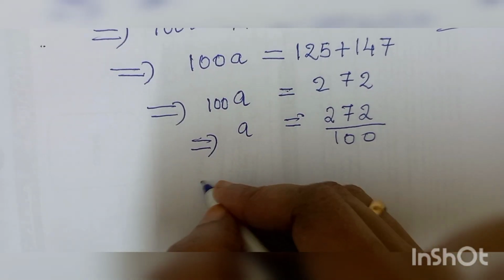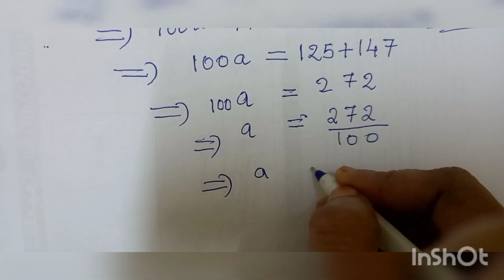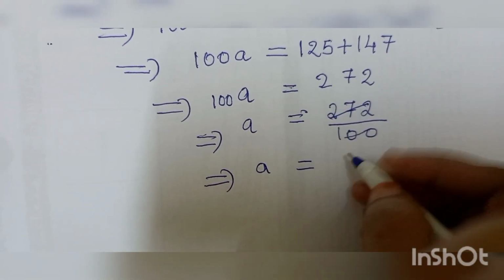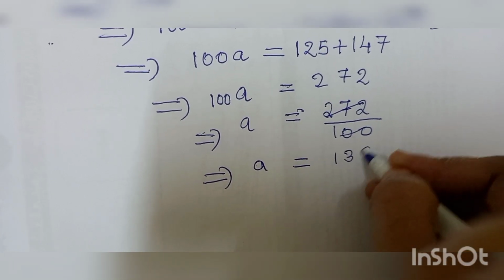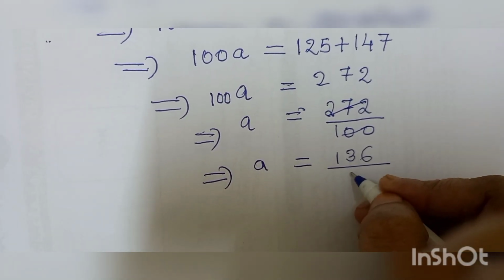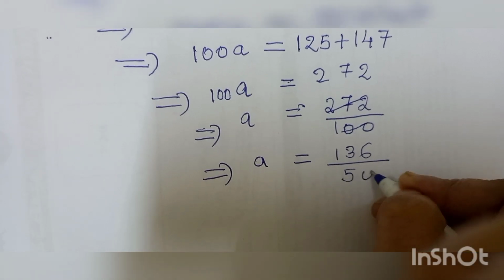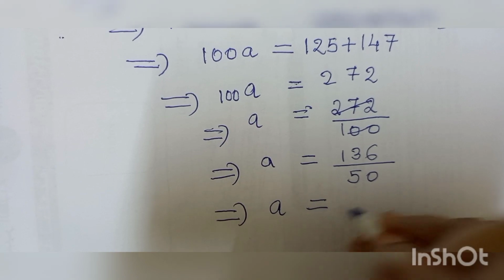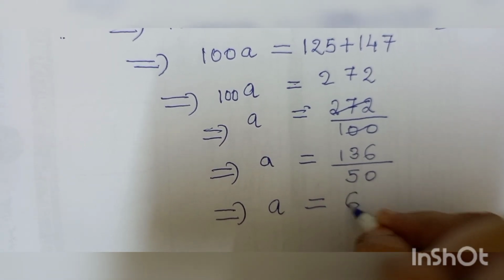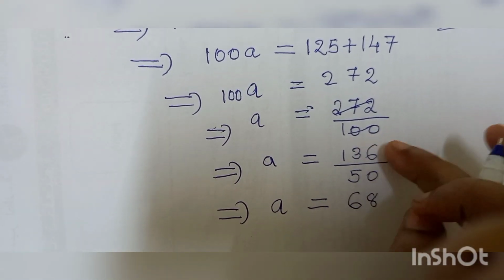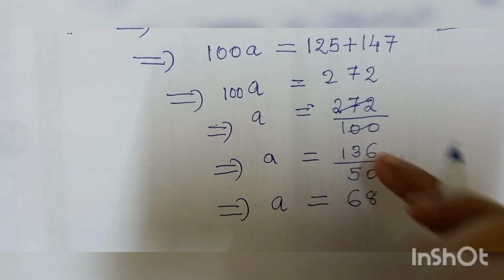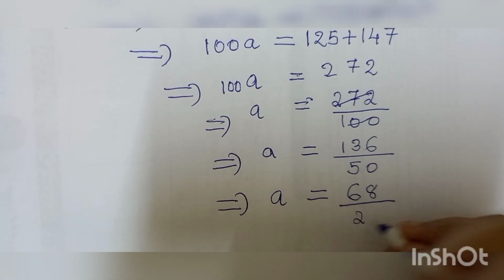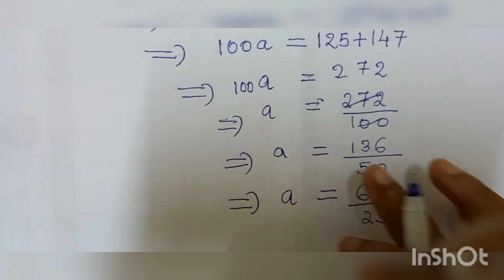Simplify this: we get 136 divided by 50. Again, 2 is the common factor here, so we can simplify it as 68 by 25.